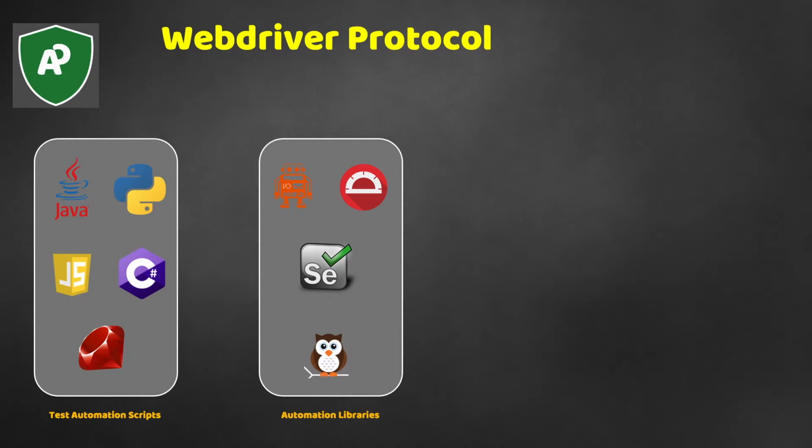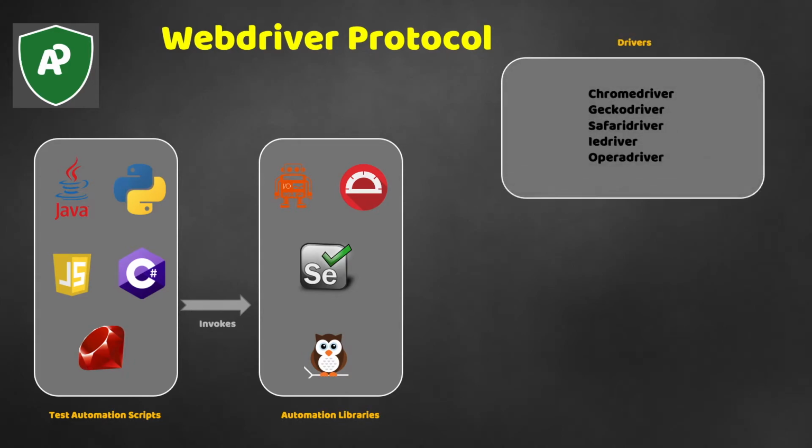You can have any of these automation libraries installed, and then the automation script communicates with the automation library, and the automation library in turn communicates with the drivers. When I say drivers, it's nothing but the proxy servers which you choose depending on which browser to automate.